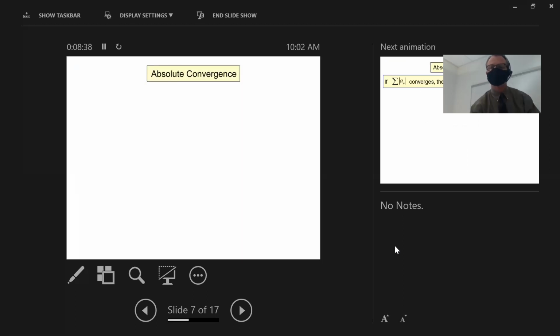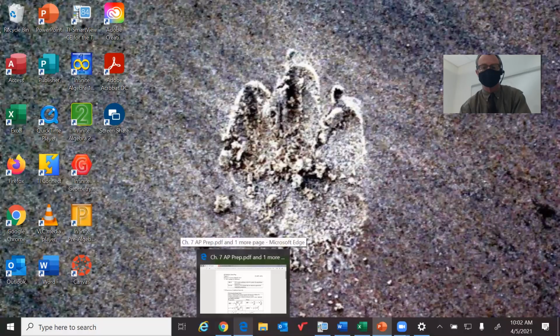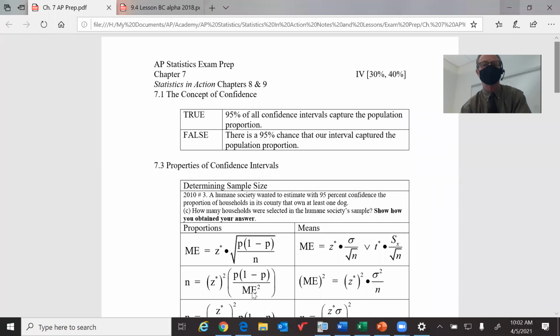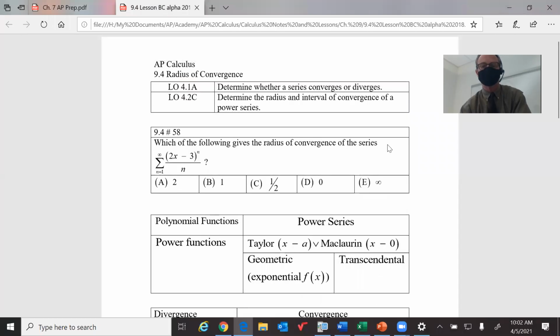All right, so this is what we'll start with tomorrow for the beta lesson. On the PDF, first thing is you're going to read question 58. What is the radius of convergence for this series?